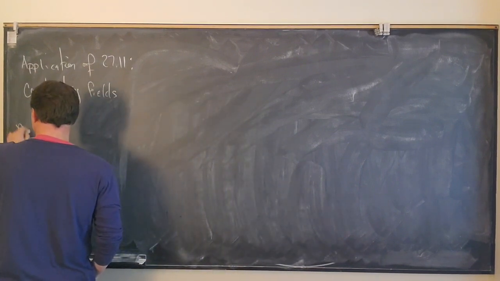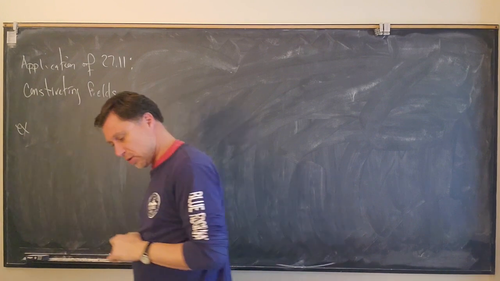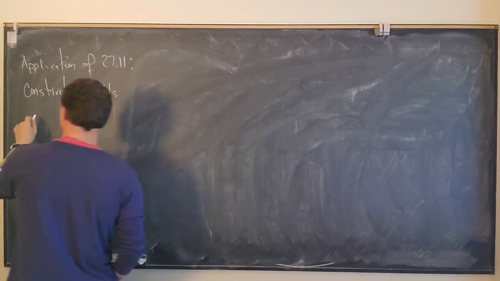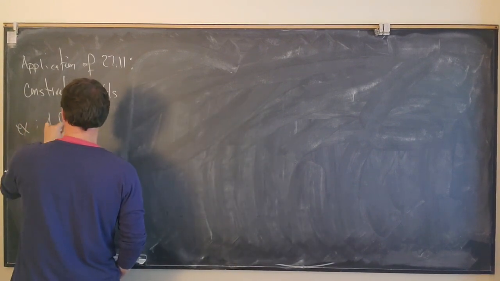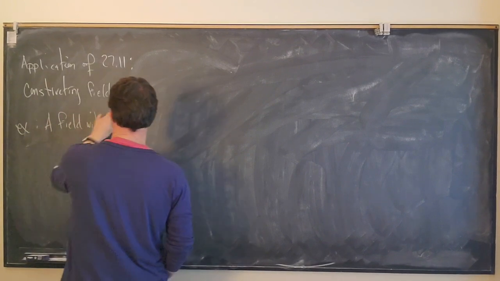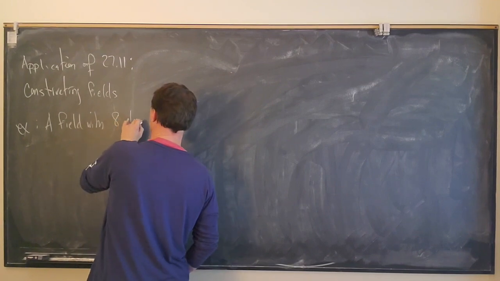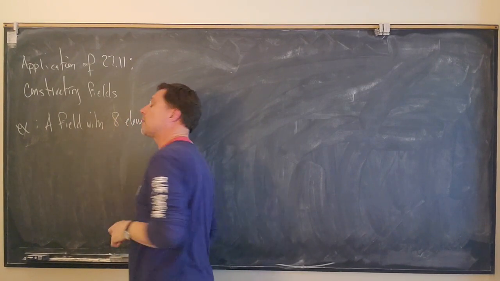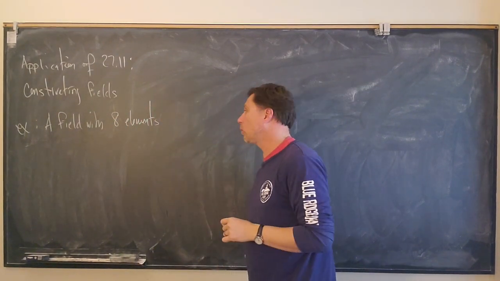So we're going to do this. I'm just going to do an example here, and this example is a field with 8 elements. For the most part, when it comes to finite fields, what do we have?